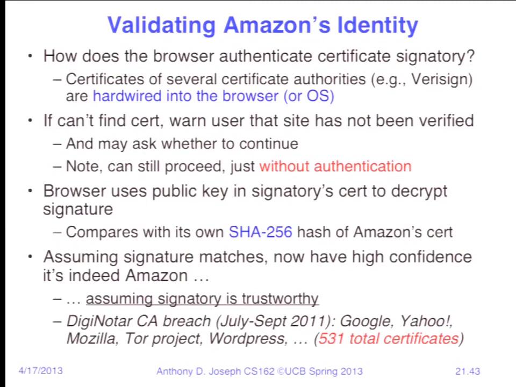So one of the other problems here is that when it was realized that DigiNotar had been compromised, you'd immediately like to invalidate all of the certificates that it issued. It takes an OS upgrade. So that makes it a very, very slow process to be able to close this.